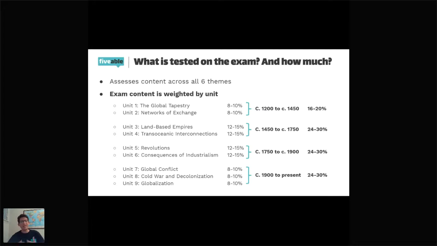Right? I told you it's a test of skills and learning objectives, and ideally, if you know a trend that occurs in one area of the world, you will also be able to identify that trend in another. But to be fair to all the periods that are covered in this AP World History Modern course from 1200 to the present, each time period is weighted a little differently.